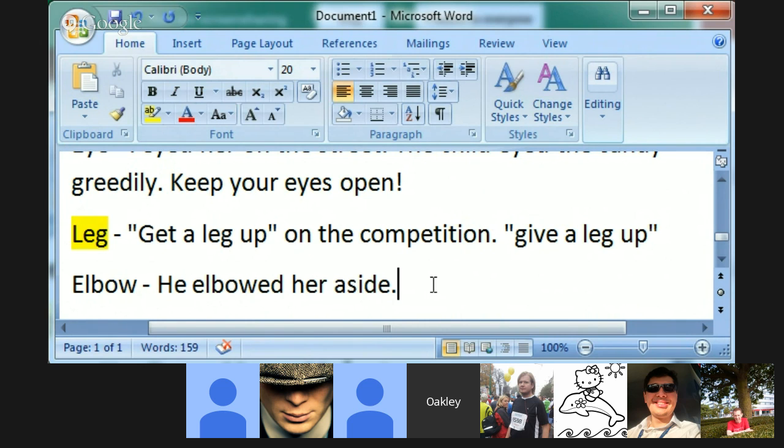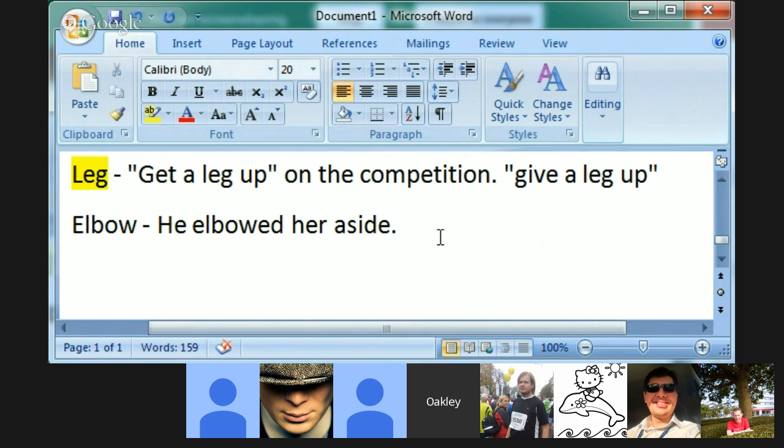Heel is to follow someone just behind. Okay. I just want to mention something about elbowed. I could also say he elbowed his way into the conversation.